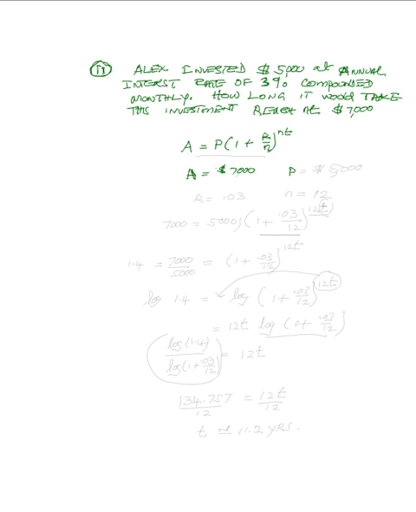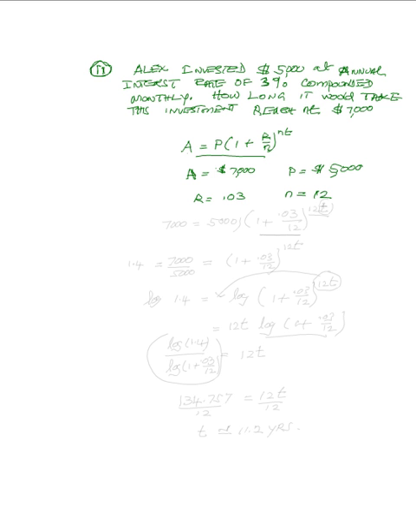and P equals 5,000, that is the initial investment, and r, which is 3% or 0.03, and n is 12 because it is monthly compounding. So if you look at this formula here, we know everything except the t.